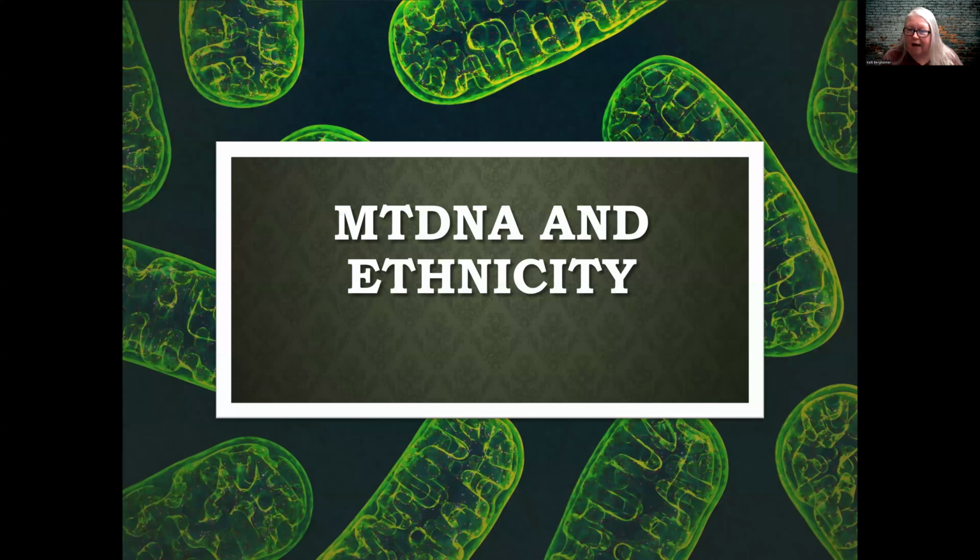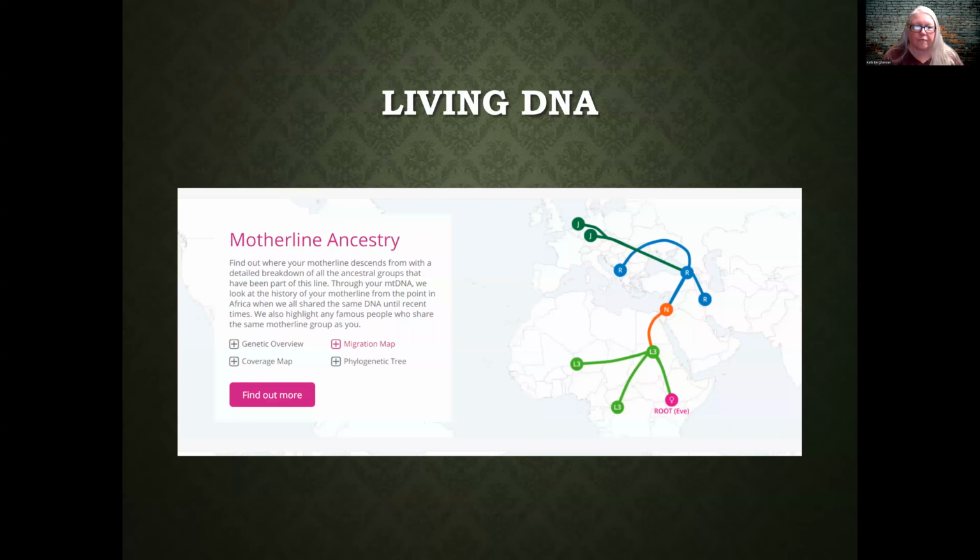So what about mitochondrial DNA and ethnicity? Living DNA, I think, has one of the best displays for mitochondrial DNA and ethnicity combinations. So if you want to find out where your mother line descends, you can do that test at Living DNA.